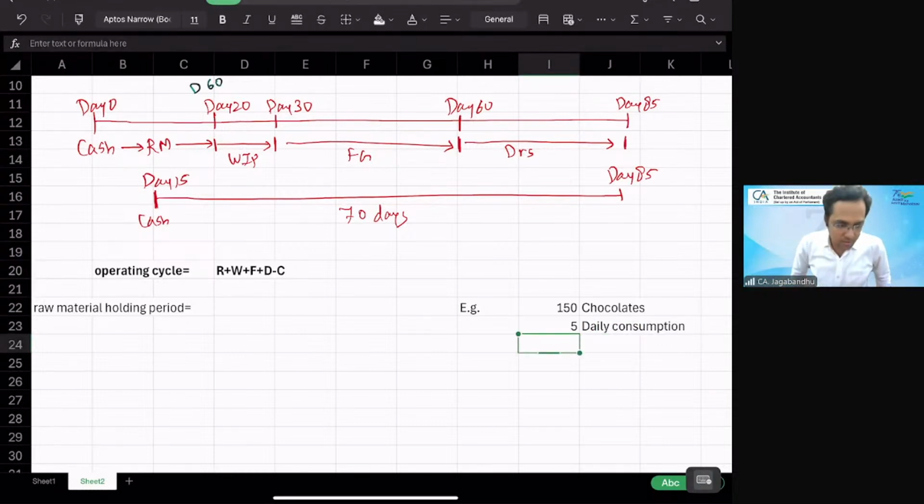So there is a stock of 150 chocolates, and on a daily basis you are consuming 5 chocolates.